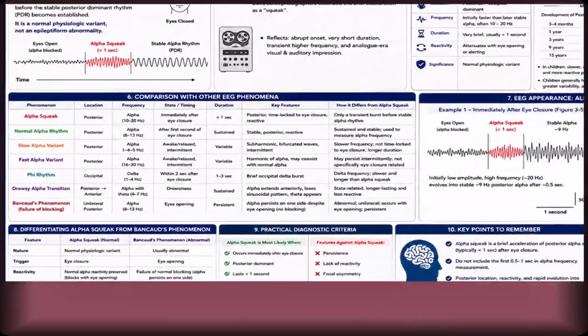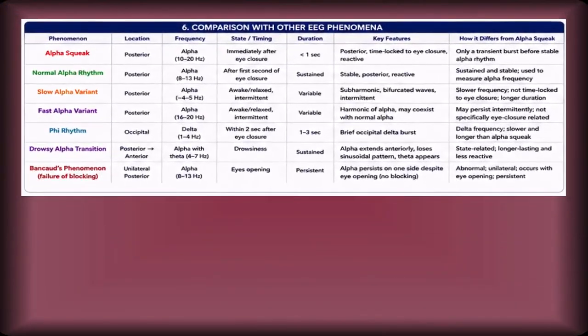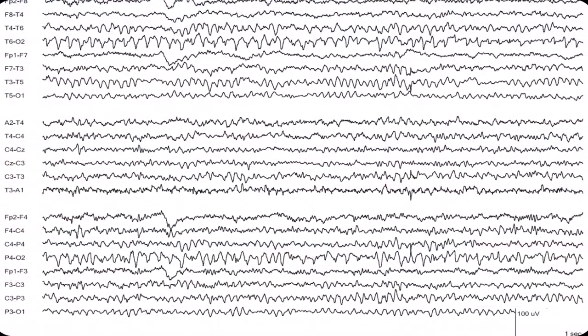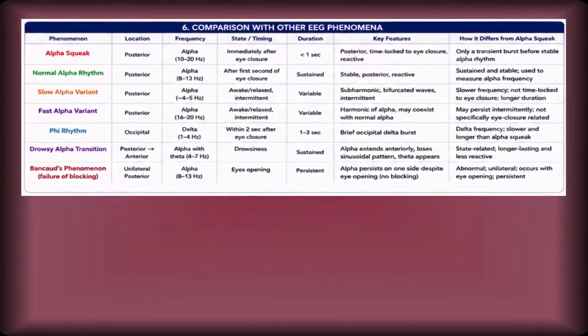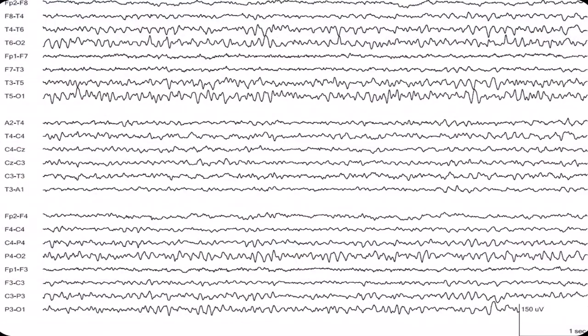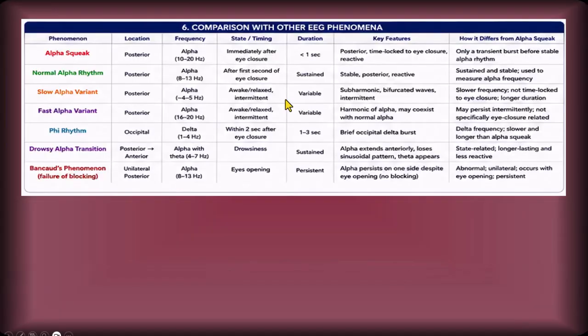Now let us compare alpha squeak with other EEG phenomena. Normal posterior alpha rhythm is stable and sustained, whereas alpha squeak is only a brief transient burst occurring before the stable rhythm develops. Slow alpha variants are lower frequency subharmonic rhythms that are not specifically tied to eye closure. Fast alpha variants may resemble alpha squeak because both can contain frequencies between 16 and 20 Hz.